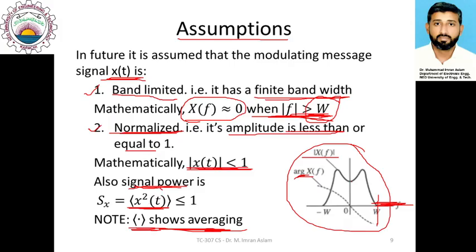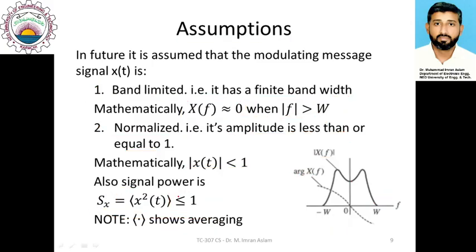If we calculate the time average of x squared t, that would be represented by the signal power. Of course, because we are normalizing the signal, this average power would also be less than or equal to 1. So these are the two basic assumptions that we will be taking when we will be discussing different signals, and we will be developing the expressions for different modulation schemes.